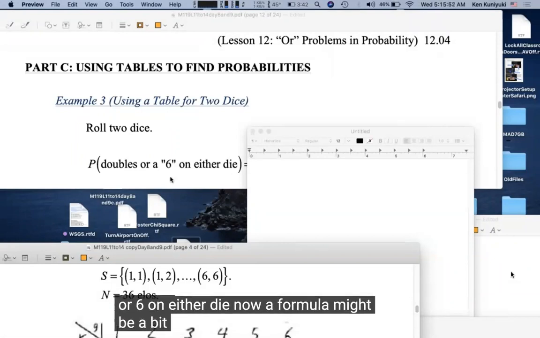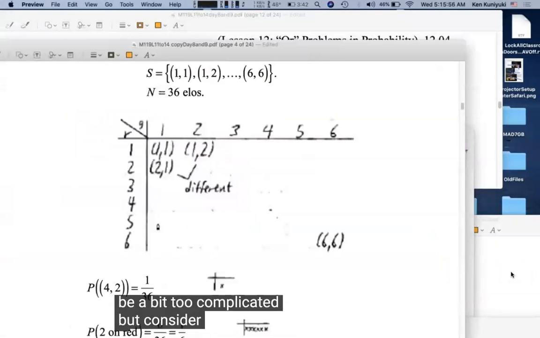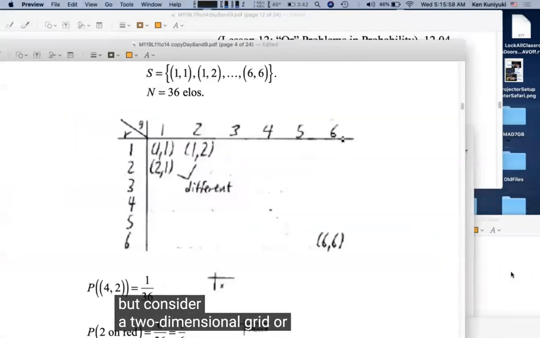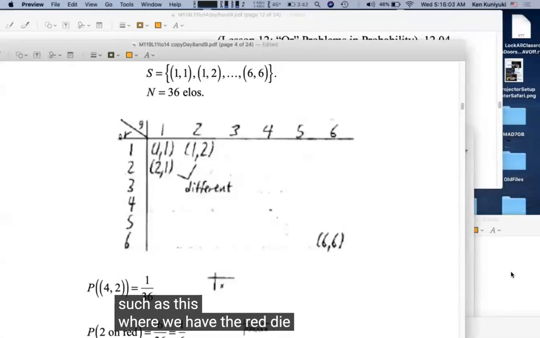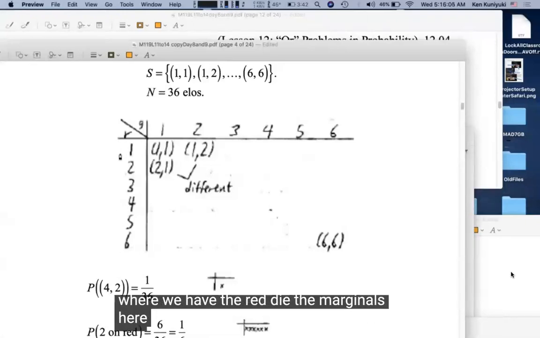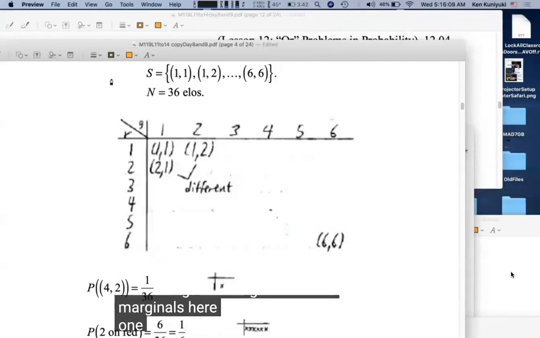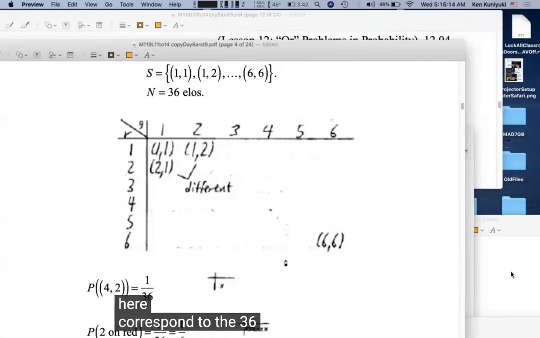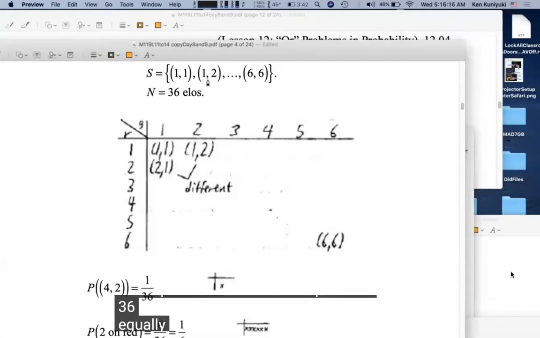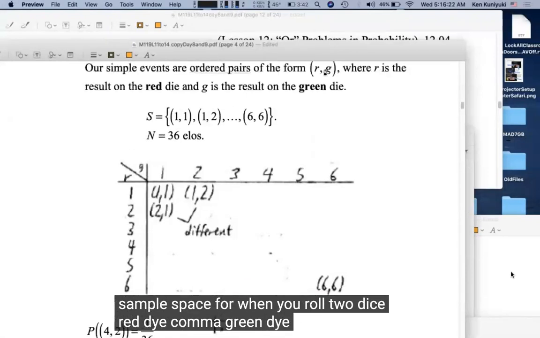Now, a formula might be a bit too complicated, but consider a 2-dimensional grid or table or array such as this, where we have the red die, the marginals here, 1 through 6, the green die, the marginals here, 1 through 6, and then the entries here correspond to the 36 ordered pairs, the 36 equally likely outcomes, forming the sample space for when you roll 2 dice, red die, comma, green die.